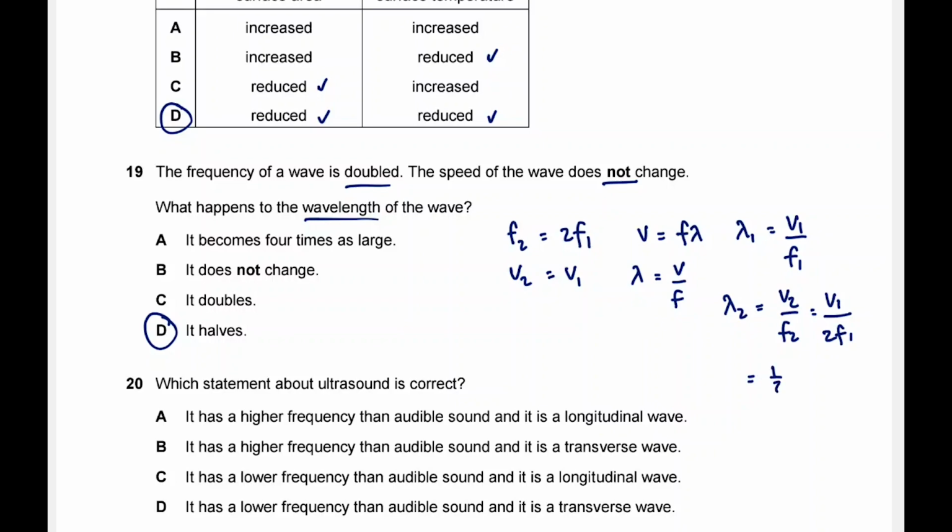Therefore, this will be half V1 by F1, so half of lambda 1. You can see here V1 by F1 is lambda 1, so I substitute V1 by F1 as lambda 1. So we can see that the second wavelength is half of the first wavelength.